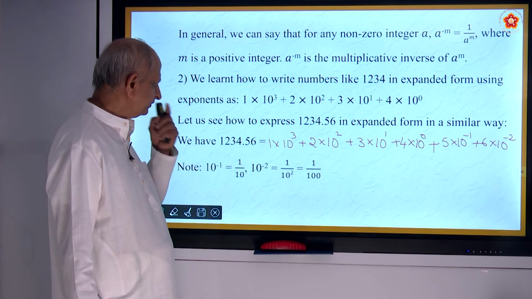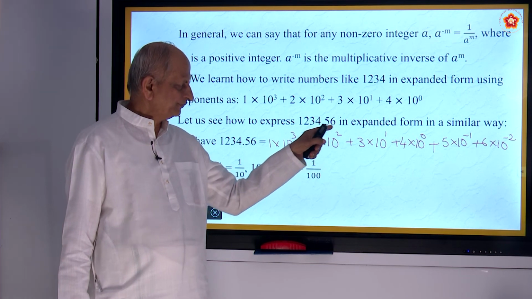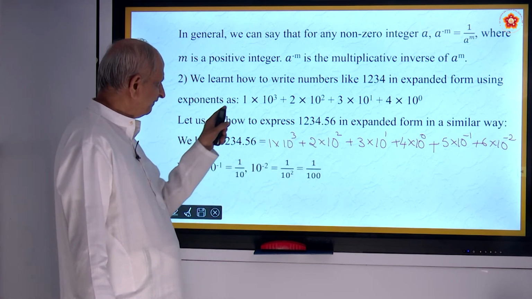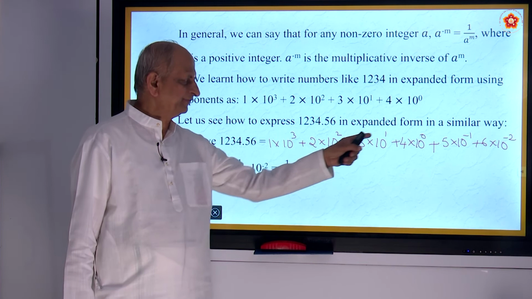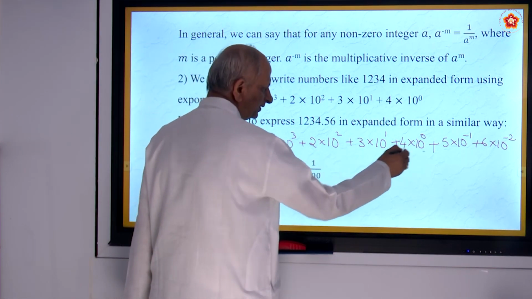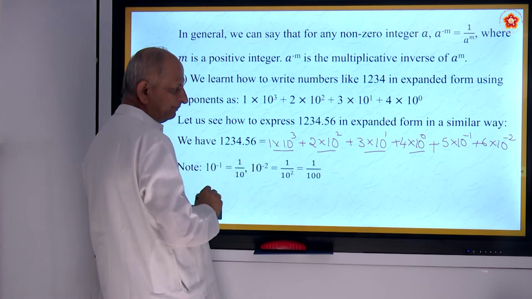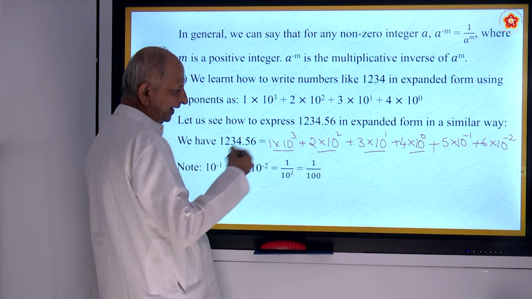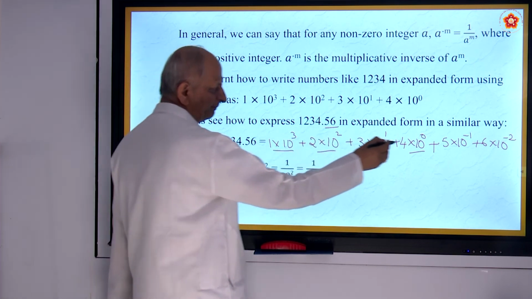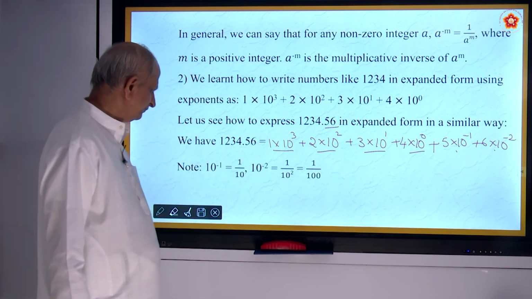The question is, you have to express this in powers of 10. So, units place, tens place, hundredth place, 1000 place. When you come to the right side, this is called first decimal place, this is called second decimal place, correct?